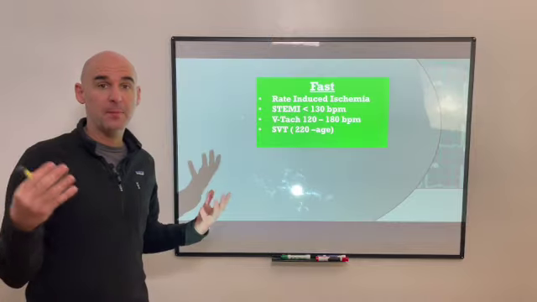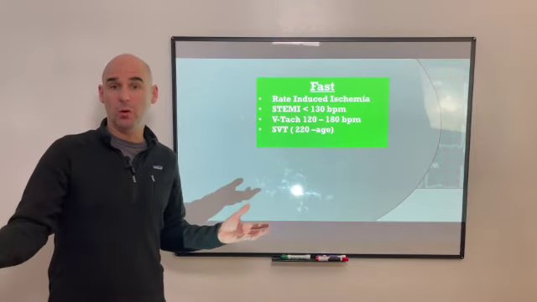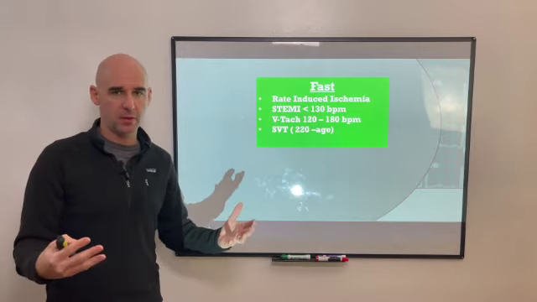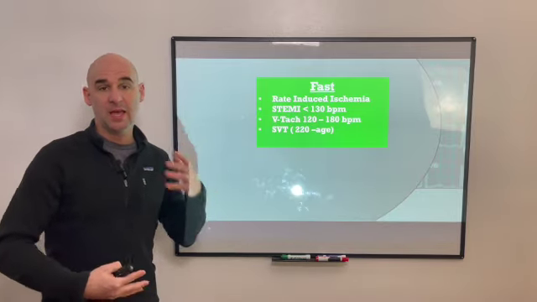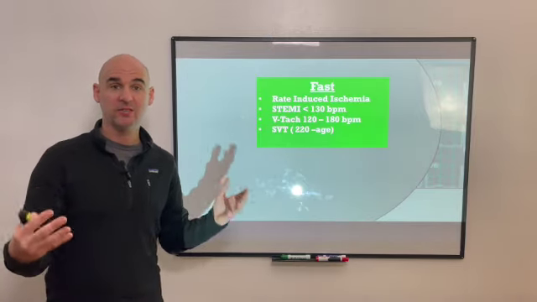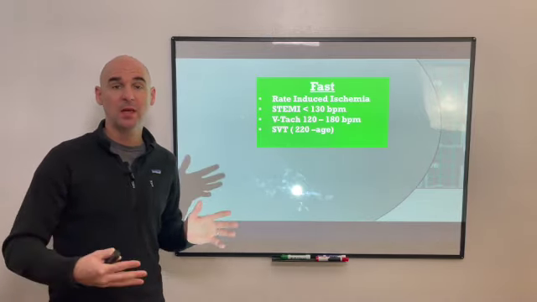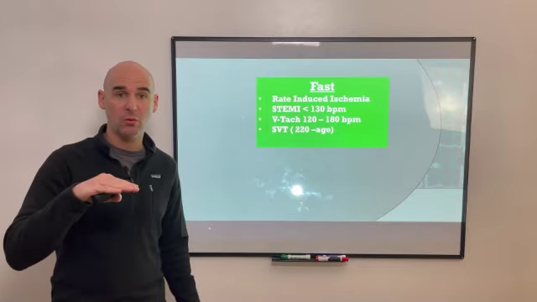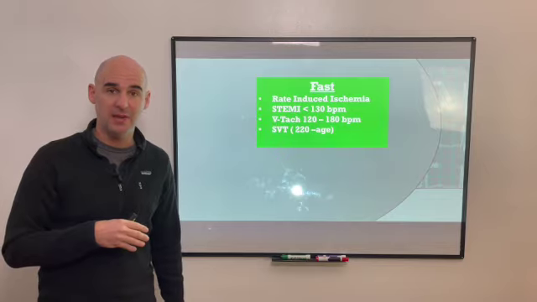So if we had a patient who is 60 years old and they're having chest pain, and we put them on the cardiac monitor and do a 12-lead, we do 220 minus 60, which gives us 160 beats per minute. That 160 beats per minute is really the lowest threshold for whether or not this patient can be in SVT.